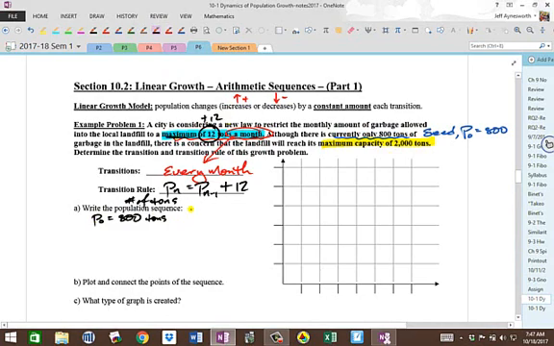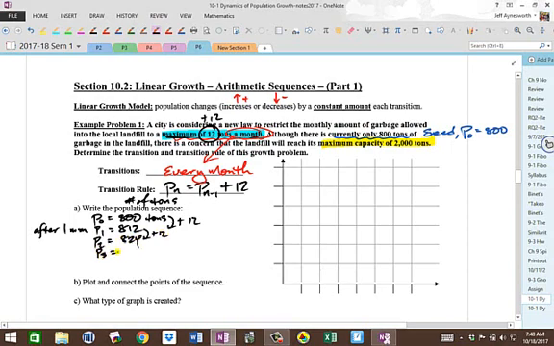So let's assume they do. After 1 month, that's P sub 1. We have this plus 12. Well, 800 plus 12 is 812. And let's go through 4 transitions so we can take a look at what the population sequence looks like. P sub 2 is 812 plus 12 more, which is 824.